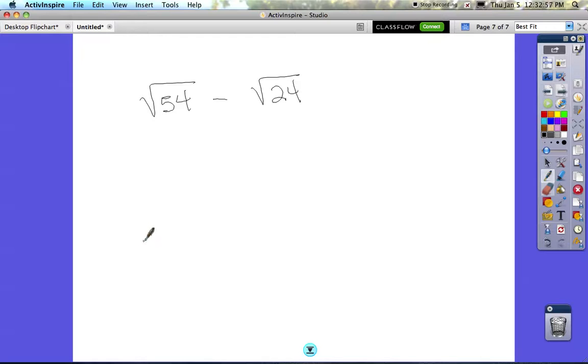We're going to factor tree this. So everybody look here, 2 and 27. Okay, 27 is not divisible by 2, so then I step up and do 3 and 9. 9 can break down to 3 and 3.